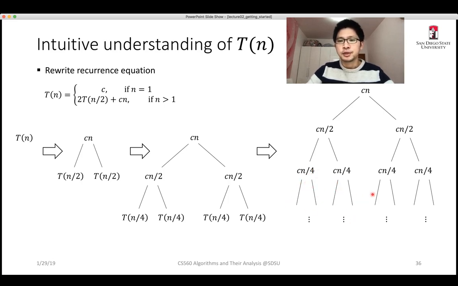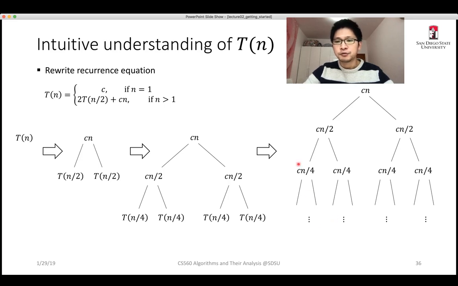And we want to split all the nodes that have T notations and replace them with some expressions combined by c and n, so that we will have a complete tree representation of the running time T of n. We will do the split to all the nodes until we reach the point that we can do no more further split.